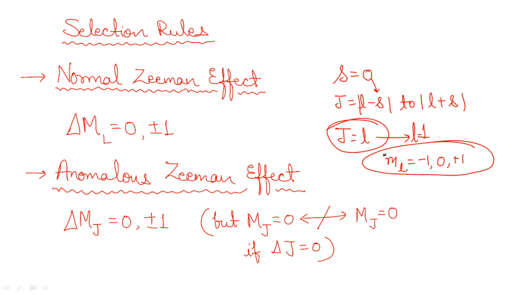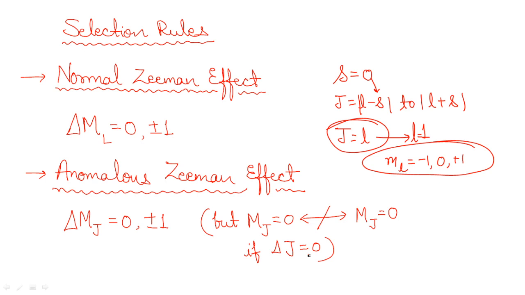If I talk about the next one, the anomalous Zeeman effect, the selection rule is delta mj is equal to 0, plus minus 1, where the transition mj is equal to 0 to mj is equal to 0 will not be considered for delta j is equal to 0. For example, you have a P orbital, and when you write the spectroscopic term, the transition you want to consider is from capital P to capital P once again.